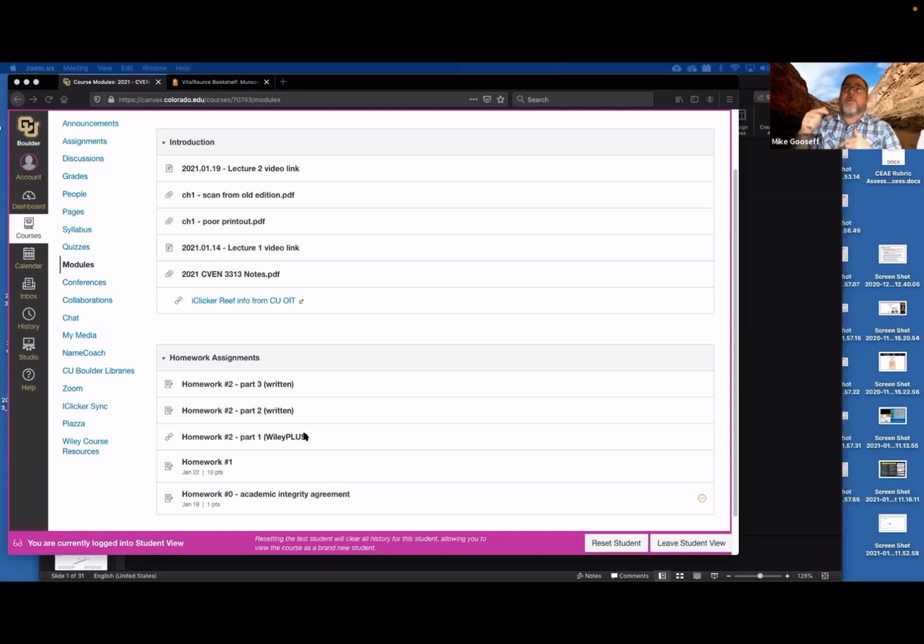When we get into grading, what you'll see is, right now there are 8 problems in the Wiley Plus component of this homework 2. You'll get a grade 0 through 8. And by the way, I've set it up for you to be able to have as many as 5 attempts for each one of those problems. Only after the 2nd attempt would you start to lose credit and not get full credit for it.